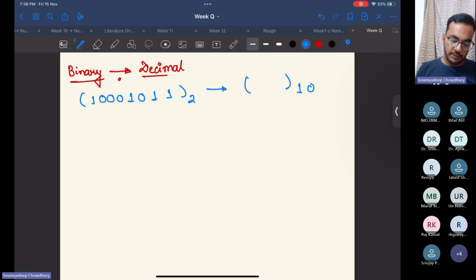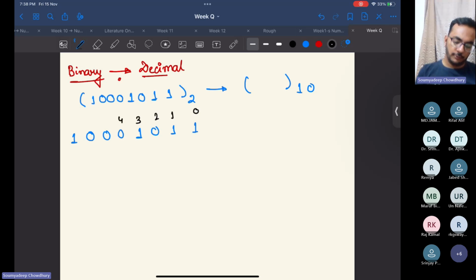What we do is we first write the number and then we assign place values. From the right we will start. The first digit will be numbered 0, then 1, 2, 3, 4, 5, 6, 7.